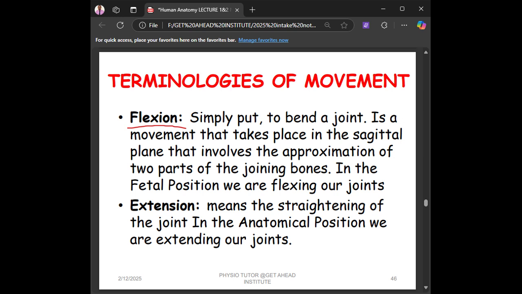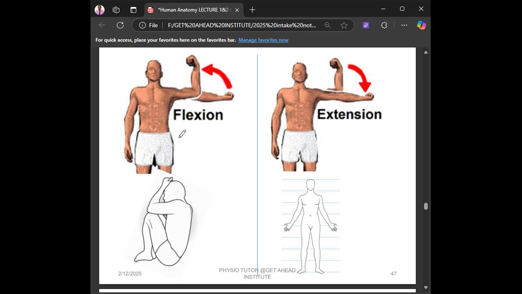This is a slide showing you flexion. In flexion, you are reducing an angle, then in extension, the angle is increasing. So in anatomical position, joints are extended, then in the fetal position, joints are flexed.